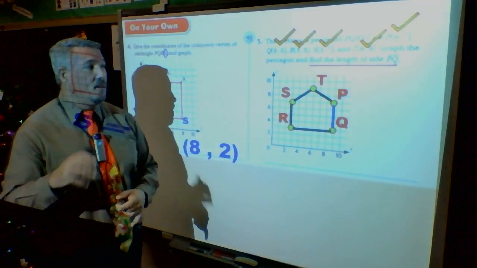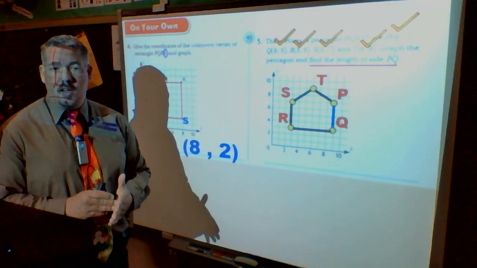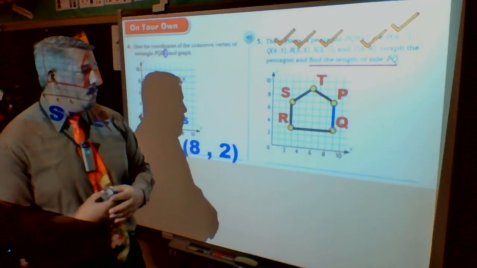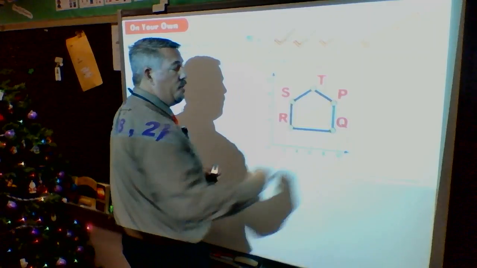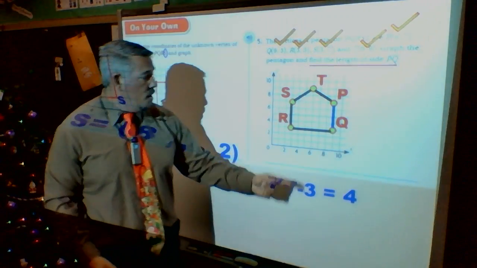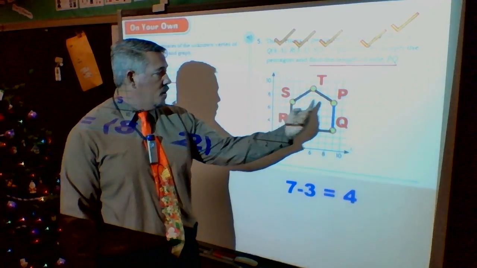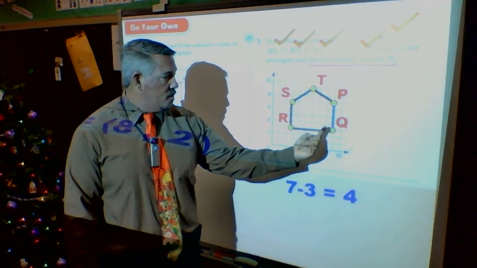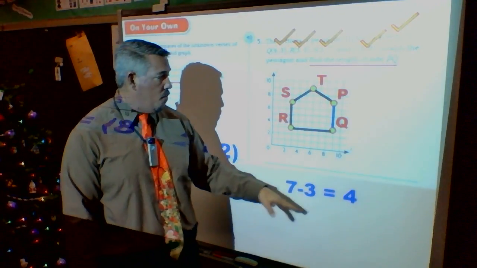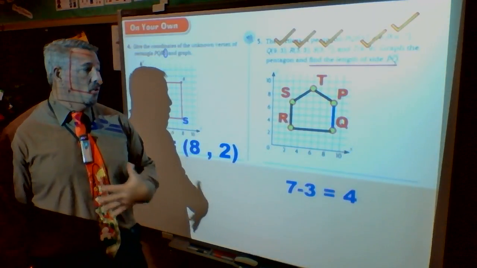Then it says to find the length of the side for line segment, and this line above the letters means line segment, of PQ. So I find PQ, which is this far right side, and I'm going to measure. So when I count, my absolute value was 7, and my absolute value was 3, and I can subtract them like we did on the previous questions, and 7 minus 3 is 4, or you can do what I prefer.